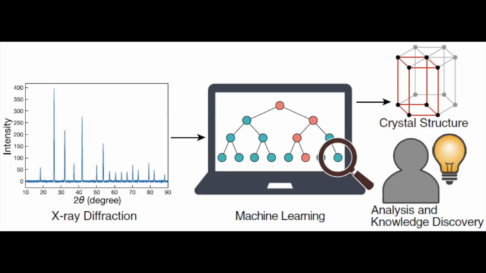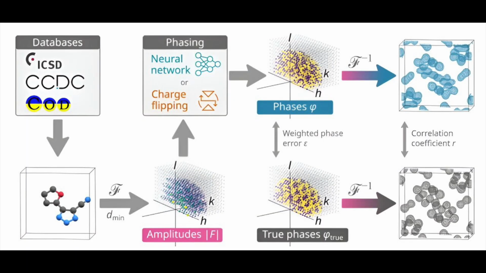At this point, why am I bringing up this topic? Because recently a paper came out where the authors used a machine learning method to solve this phase problem. Very simply, they are training their model on thousands of materials data sets.